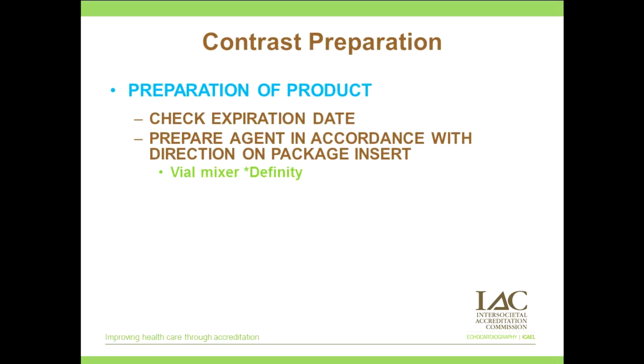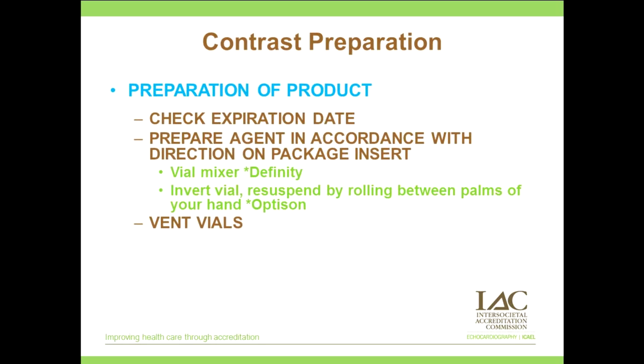You will need to use a vial mixer for DEFINITY. For Optison, you'll resuspend the vial by rolling it in the palm of your hands. And then you'll need to vent the vial by using either a vent spike dispensing needle or an 18-gauge needle. And then you want to withdraw the product slowly, remembering never to inject air.